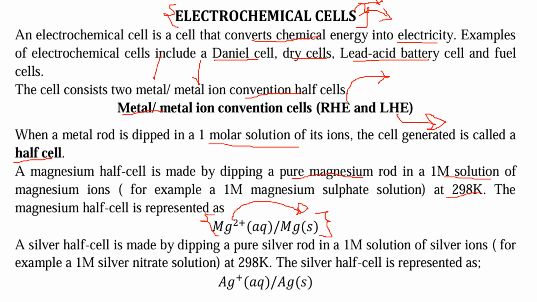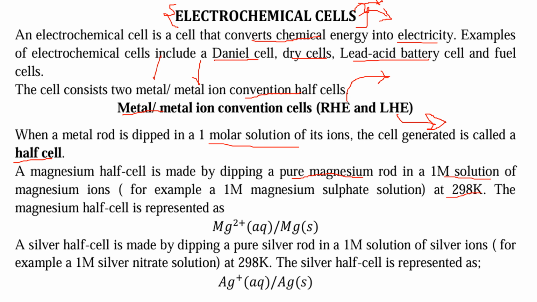So here you can see that the oxidation state of magnesium changed from +2 to 0 after being discharged. That means that this half cell is a reduction half cell, because there was a decrease in the oxidation state from +2 to 0. So that's a quick recap, but we're going to look at that further in detail as we proceed.